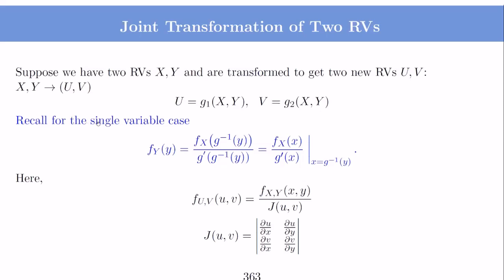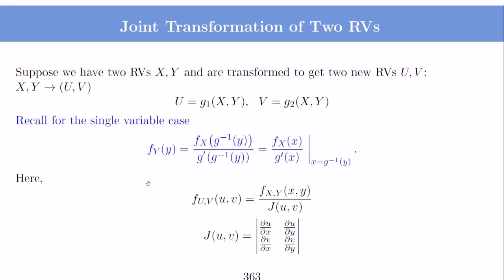So remember that for a single variable case, if we transform x to y using a function g, in that case, the PDF of the new random variable was given as f_X(x) divided by g dash x, computed at x equal to g inverse y. The formula for this is also similar, because you can see this g as a function which takes two values and gives two values back as output.